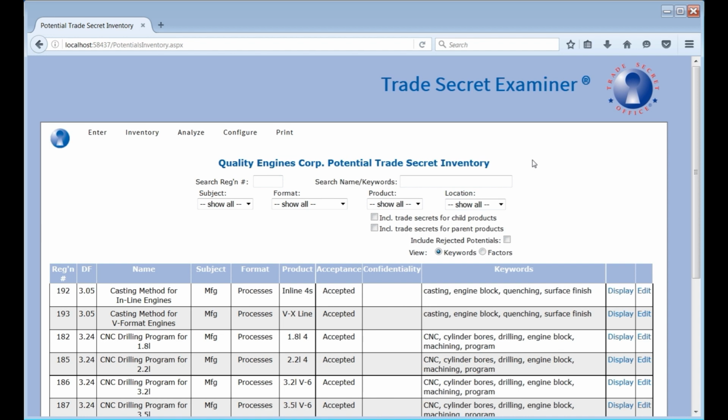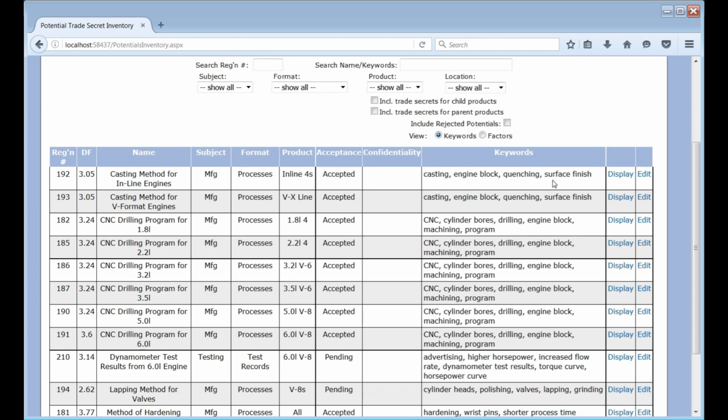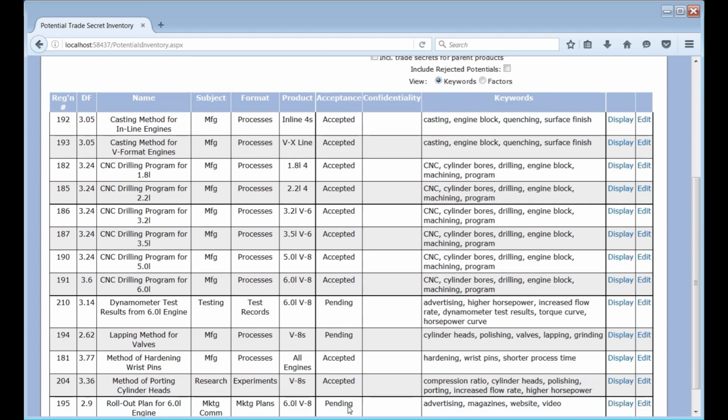Nobody knows whether they're really trade secrets or not. So they come into an anteroom, a little sort of a vestibule on the system, and that's where they are here. And so we can see that some of these have been looked at and have been accepted. Others, like our dynamometer test results, are pending. That means nobody's looked at it yet. It's not been accepted as a trade secret in the system yet.